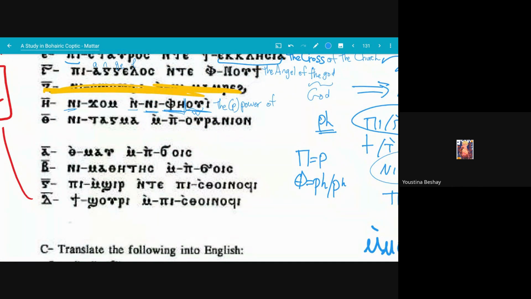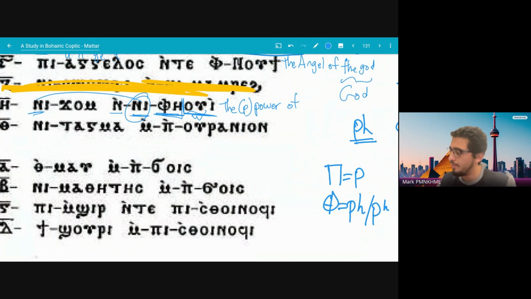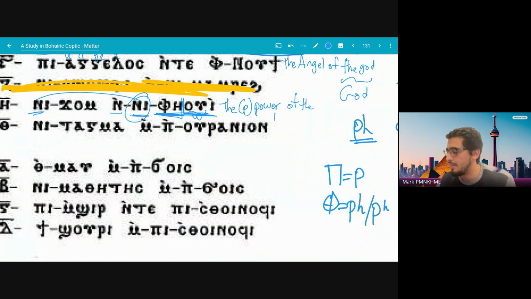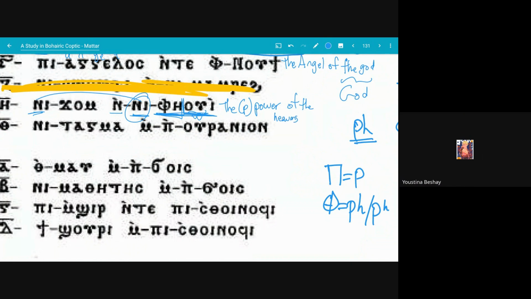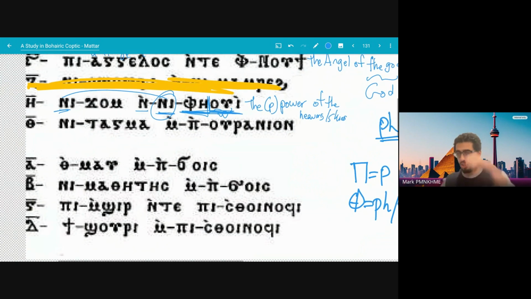The power of Fioi. What's Ni? Here. Ni. Oh, ni is, I don't know. Same one. Okay. Oh, yes. And Fiwi is heavens or skies. It's the same. All right, good job. That's very good.